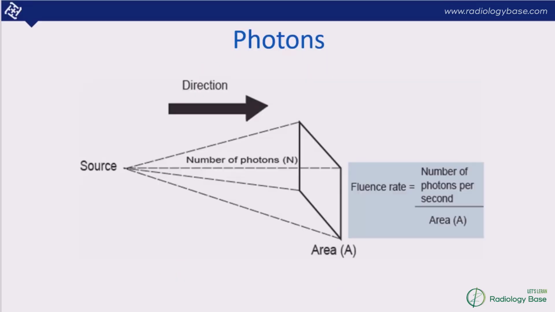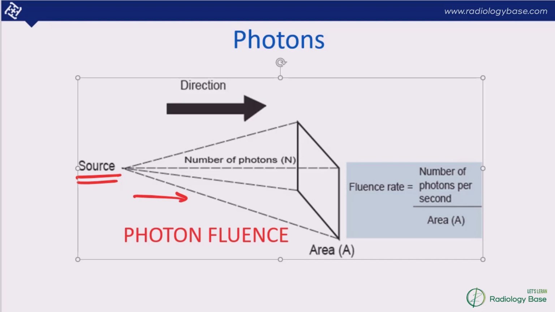Just two more important concepts. One is that wherever you have a source, you are going to produce some number of photons, and say they are traveling in this direction. Whatever number of photons are being produced, if you count them over a certain time, that is known as photon fluence.